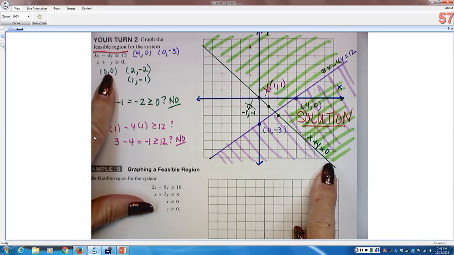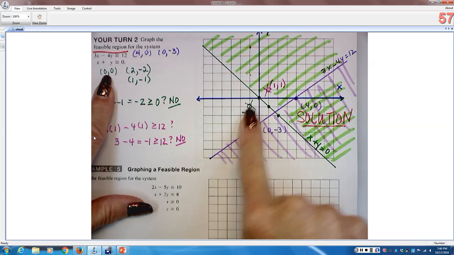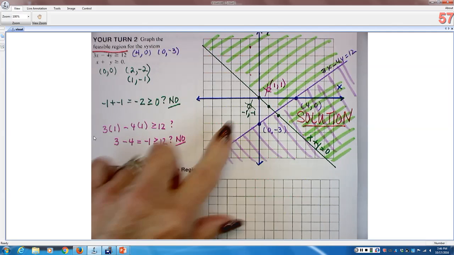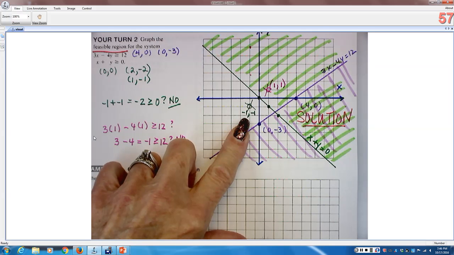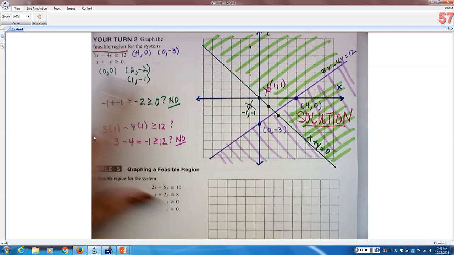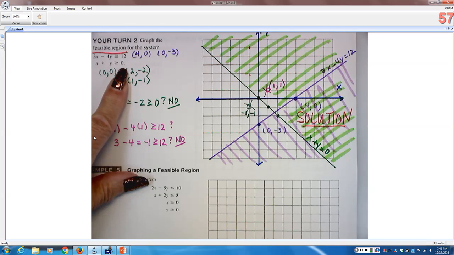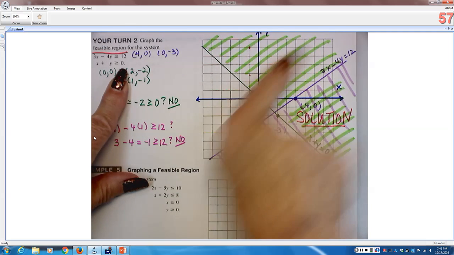But 0, 0 is on that line too, because 0 plus 0 is equal to 0. So that means you can't use 0, 0 for your test point for that line. So what you have to do is pick something else, and like I chose -1, -1. And -1 plus -1 is -2, which is not more than 0, so you have to shade that direction.